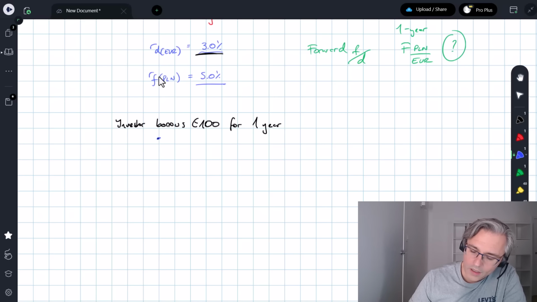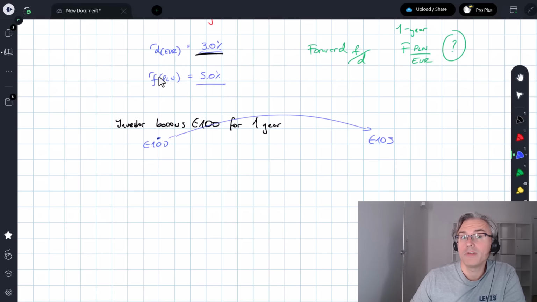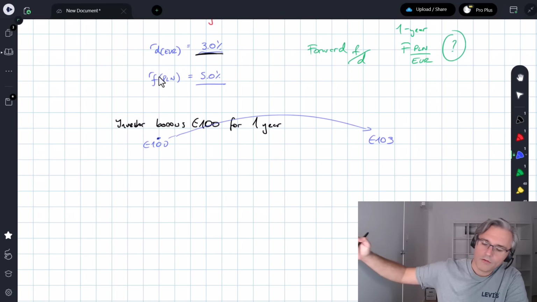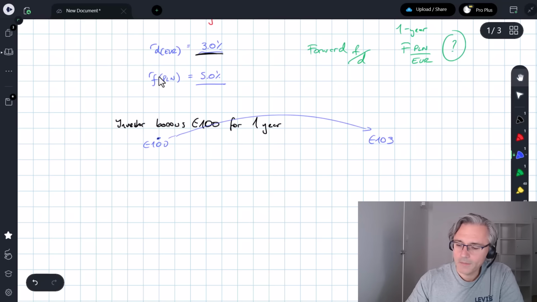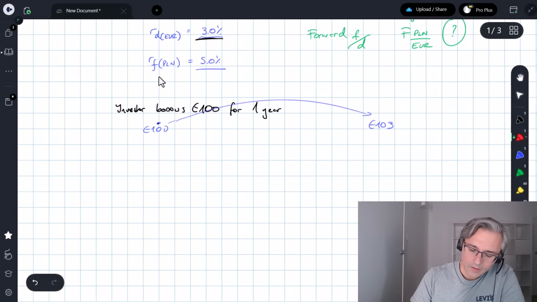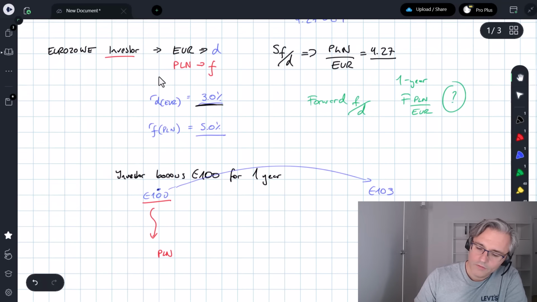So 1 year later, if they borrow 100 over here, they'll need to pay back, or this will grow to 103, which will have to be returned. Okay, so going across to the right-hand side means going forward in time. But they take this freshly borrowed €100 and they convert this into the Polish currency, the PLN, at the prevailing current spot rate, 4.27.